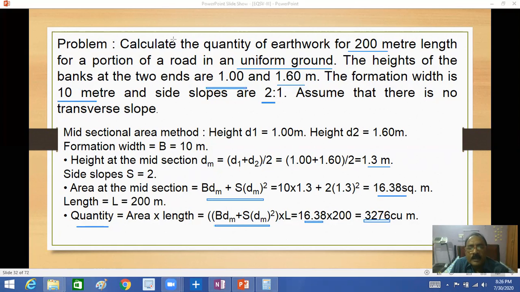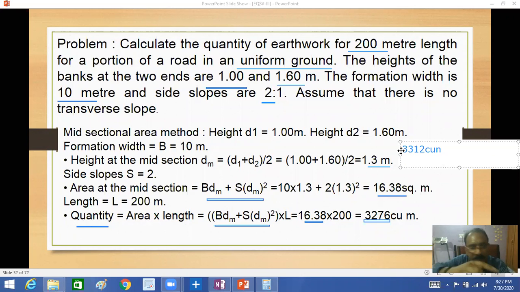By the mid section method, here you got 3276 cubic meters. By the mean sectional area method, you got 3312 cubic meters, and by the prismoidal rule you got 3288 cubic meters. Now this value is less than that value.